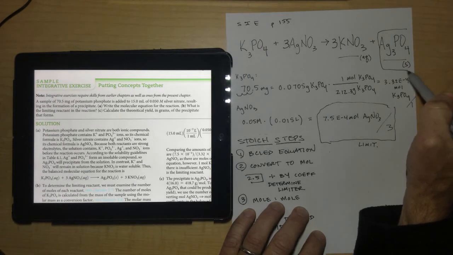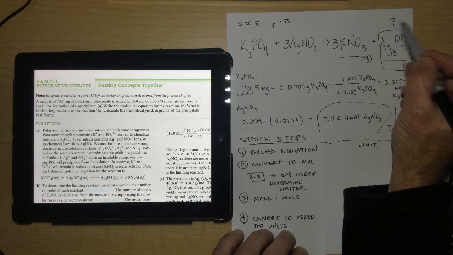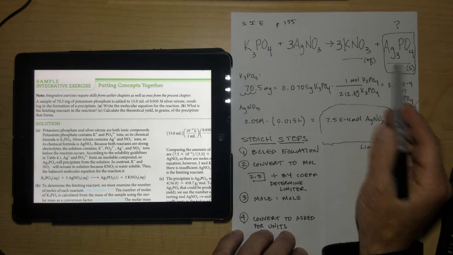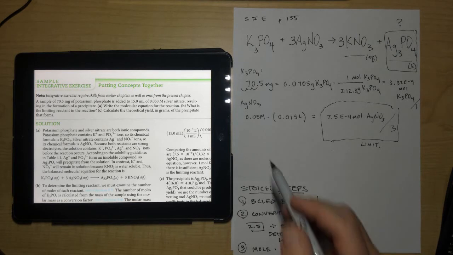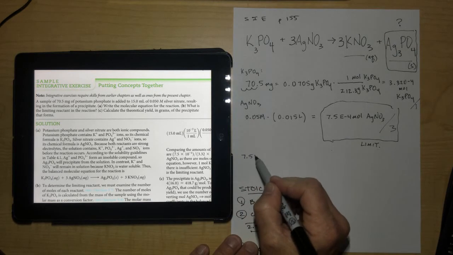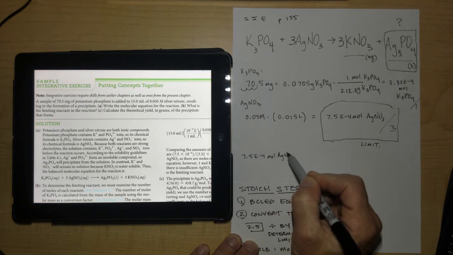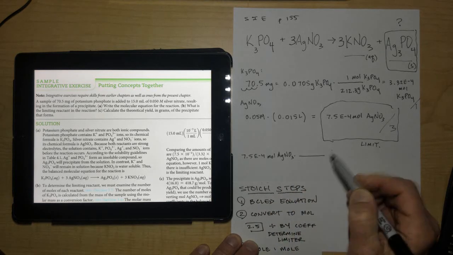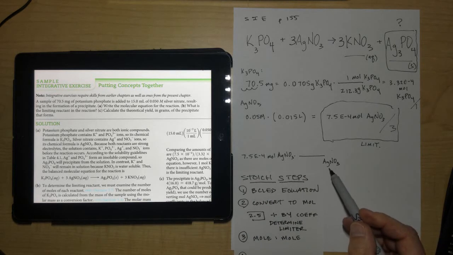So this is the thing that I want to know for question letter C. How many grams of that will be produced? So step number 3, I take my limiter, and I write that down, 7.5 e to the negative 4th, and that's moles of AgNO3. Put a multiply sign, put a line. Put AgNO3 in a position where it's going to cancel because that's my known units.